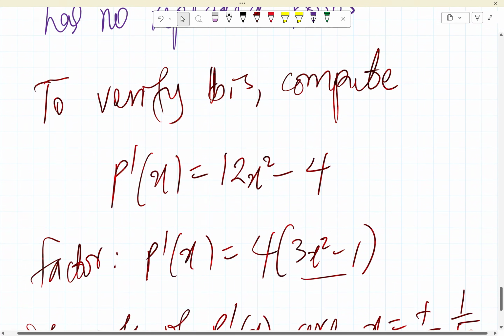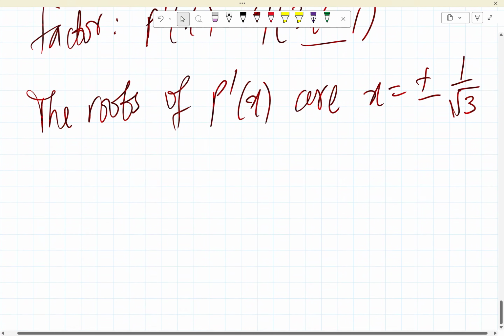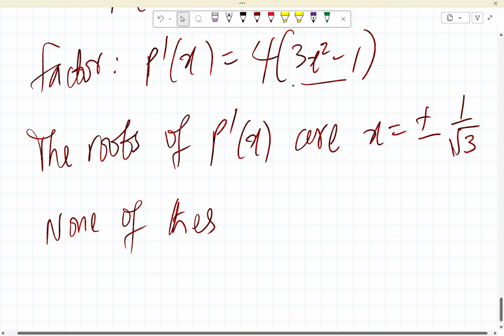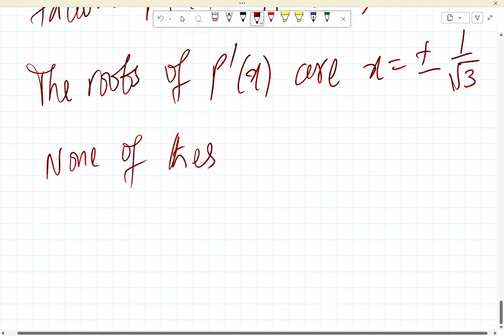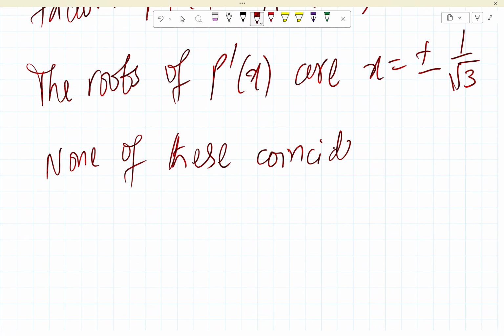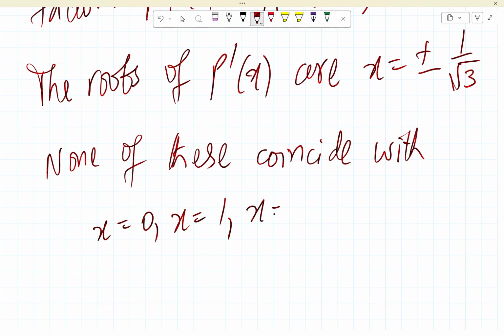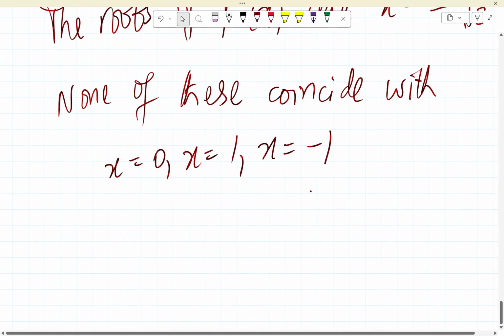And we see that these are two solutions. They're plus 1 over root 3 or minus 1 over root 3. None of these coincide with x equals 0, x equals 1, and x equals minus 1 that we got before.